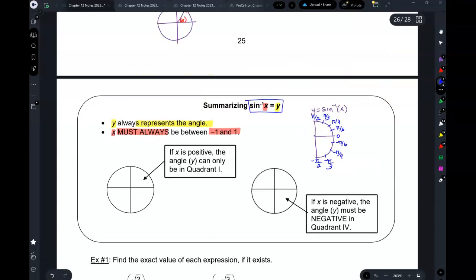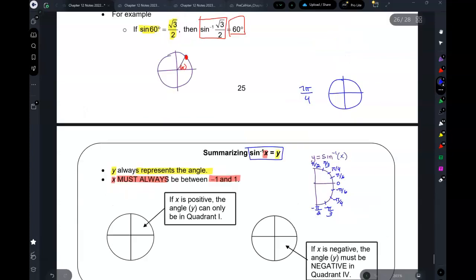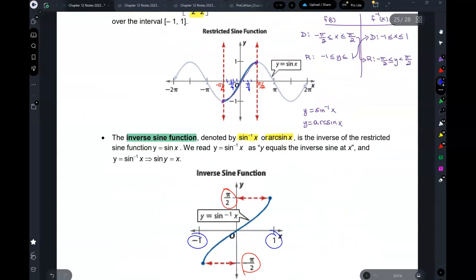7 pi over 4 is almost 2 pi. Zoe's right. Yeah, it's quadrant 4. In a regular unit circle, what quadrant would 7 pi over 4 be in? Quadrant 4. However, is 7 pi over 4 in this restricted range?